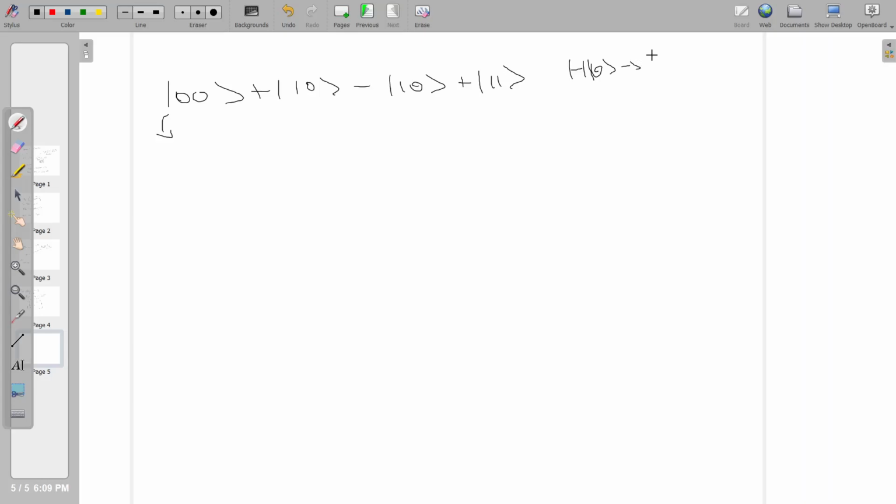So this goes to 0 plus 1, right? I drop the probability here, and Hadamard on state 1 goes to 0 and minus 1. So we can map this here to be 0, 0 plus 1, 0, 1, 0 plus 1, 1, right?